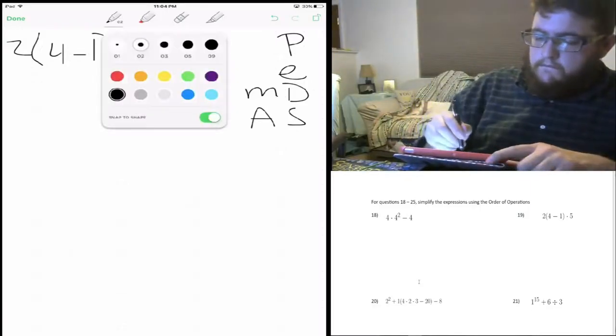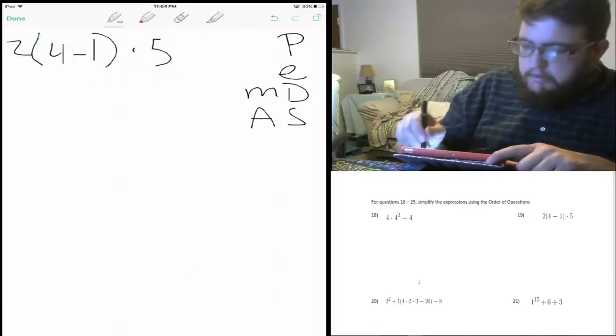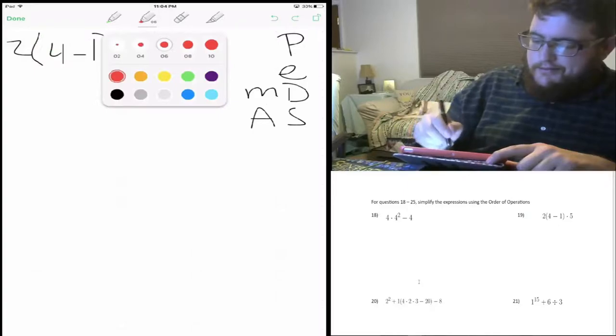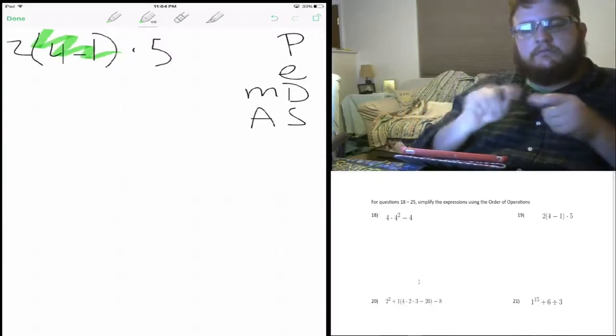So we start out by looking for parentheses. In this case, we do have parentheses. So let's tackle our parentheses.